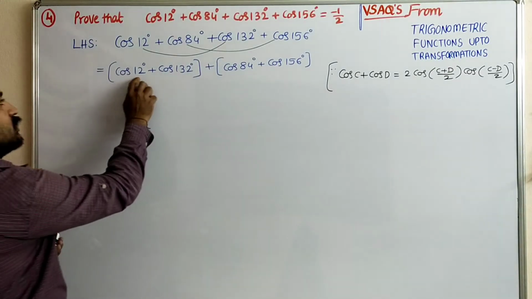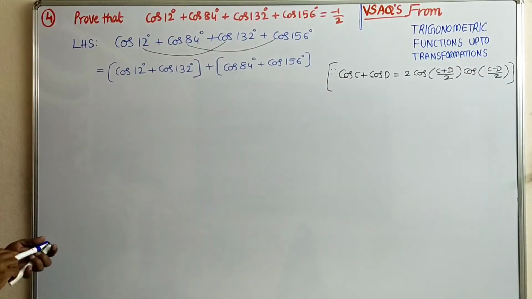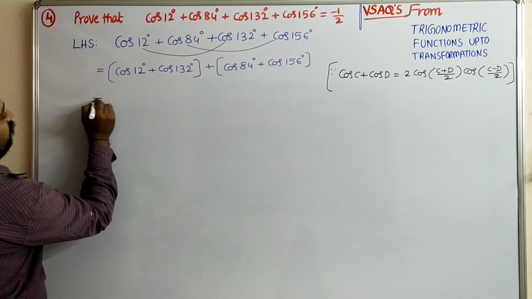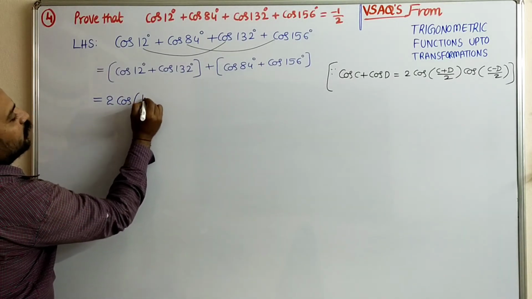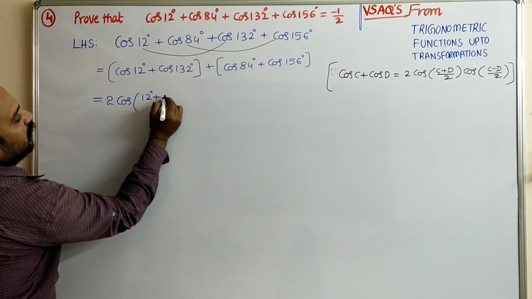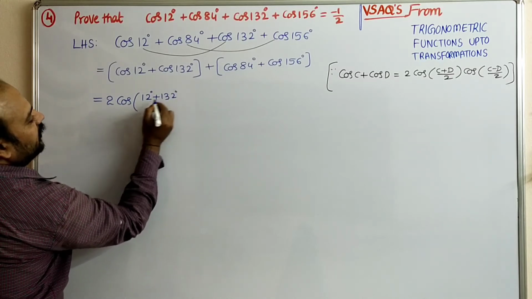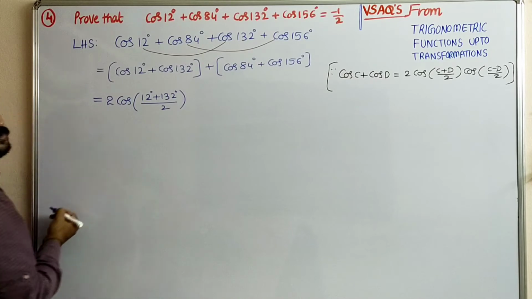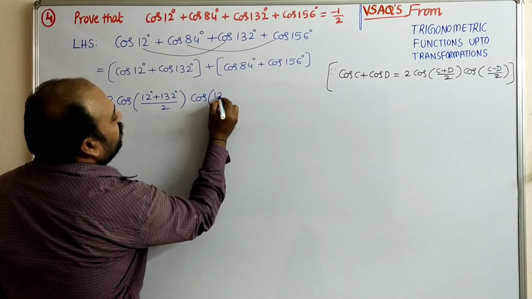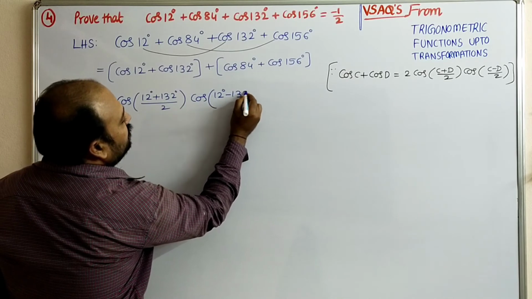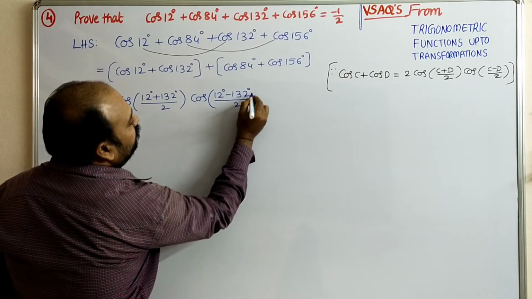So here C is 12 and D is 132, which is equal to 2 cos of (12 plus 132) by 2, cos of (12 minus 132) divided by 2.